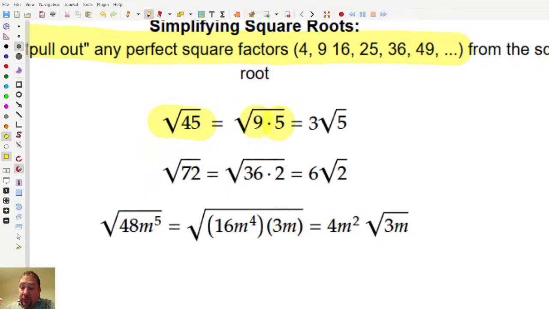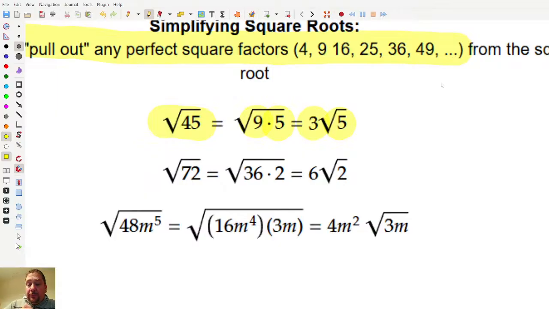Bottom line, the 9 comes outside of the square root as a 3, and the 5 stays inside the square root symbol. So the square root of 45 simplifies to 3 square roots of 5. We can check that on a calculator in class, or if you have one handy, put in the square root of 45 and see if your calculator tells you 3 square roots of 5.